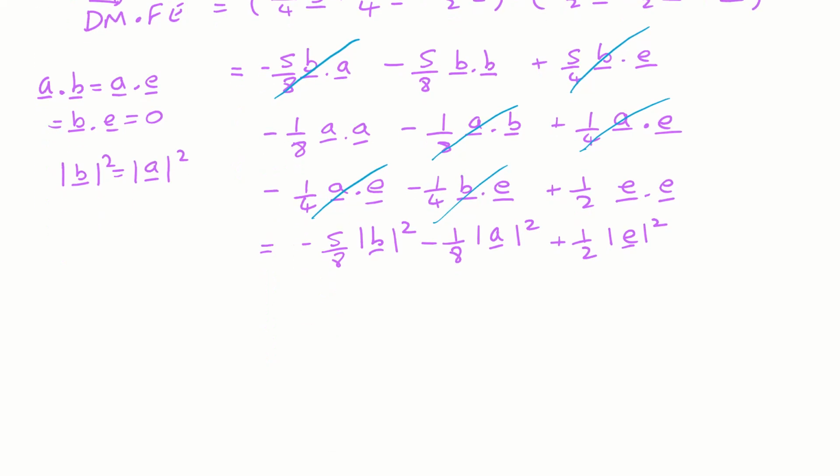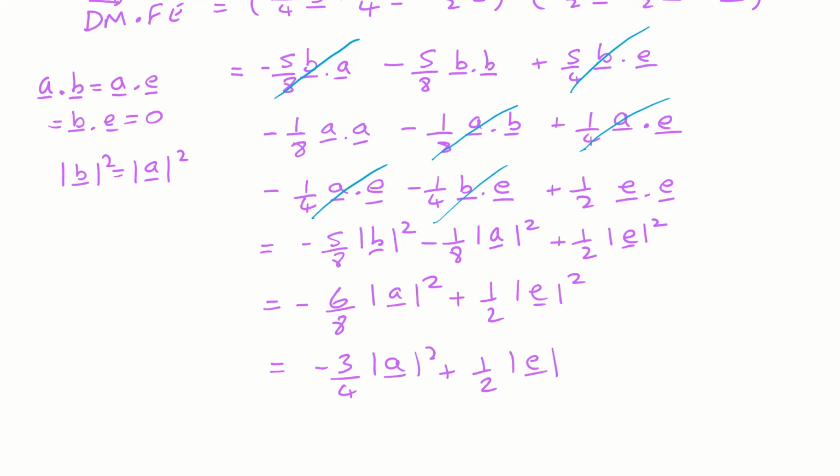And since we know that mod B squared is mod A squared, we have negative 6/8 of mod A squared plus a half mod E squared, which is negative 3/4 mod A squared plus a half mod E squared.